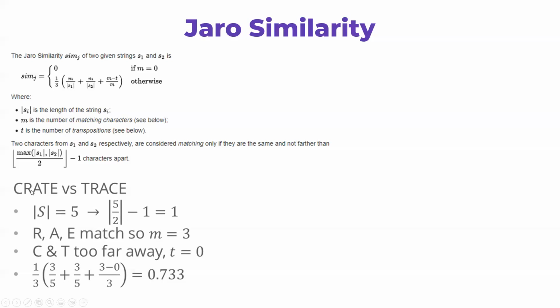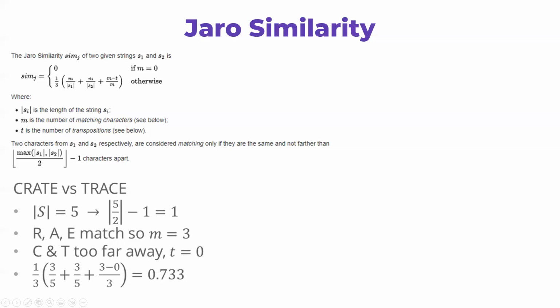And as you can see here, we have R, A, and E matching. So we have an M value of 3. But C and T are more than 1 character away from each other, so transposition does not consider them matching in this case. So we have a T value of 0. We pop that into the calculation, and we get a score of 0.733 in terms of similarity.